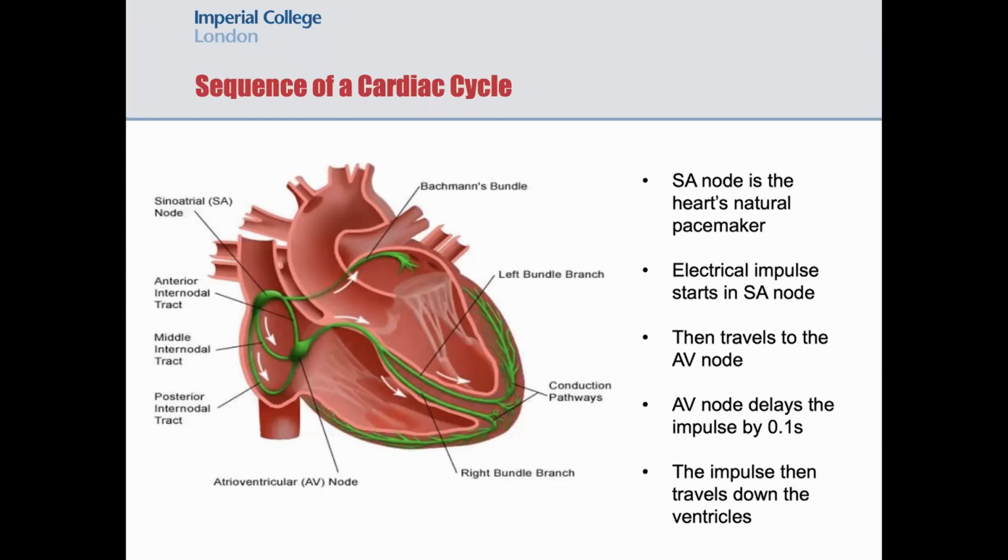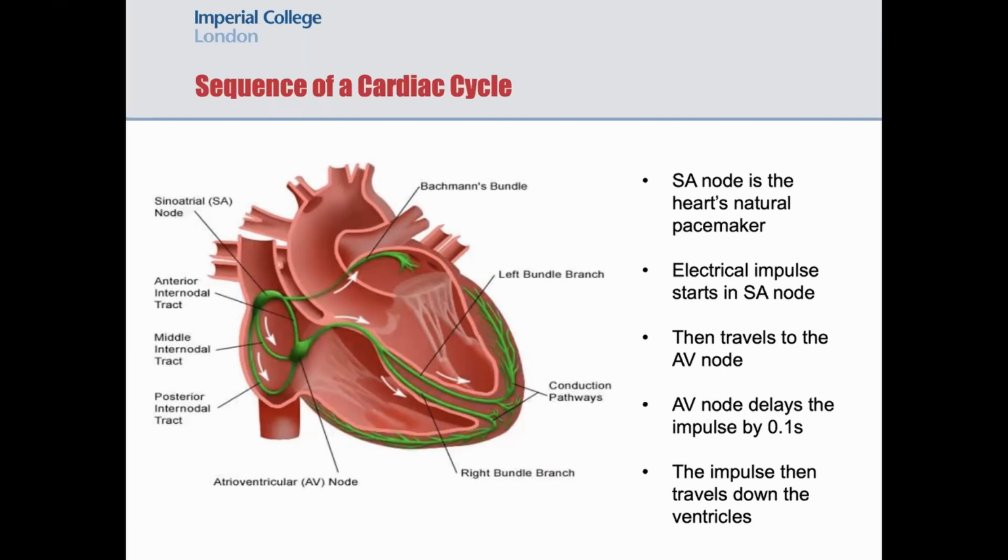The AV node delays the electrical current by about 0.1 second before it travels down the bundle of His and the Purkinje fibers and causes the ventricular contraction. And then the whole thing goes to rest again and starts over again. So that's your whole cardiac cycle.